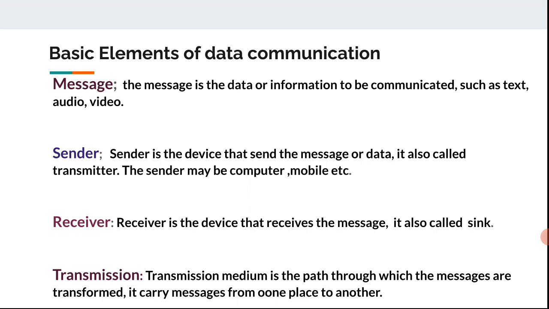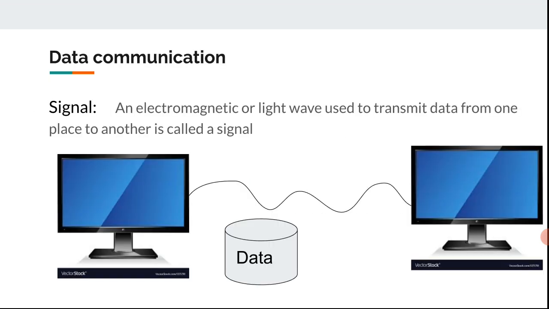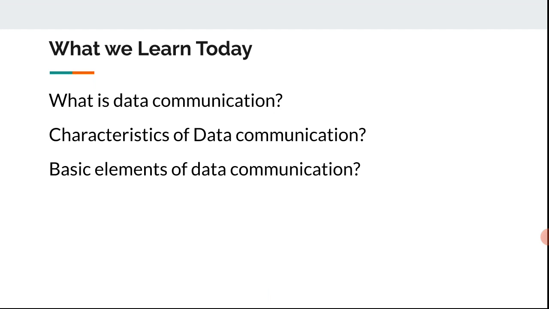We have the receiver, the person who receives your message. And we have transmission, the medium or technology we use when data is sent from one place to another. So we have the basic idea behind data communication.